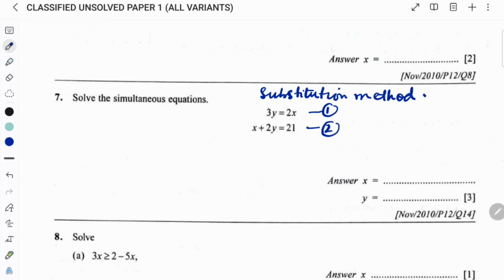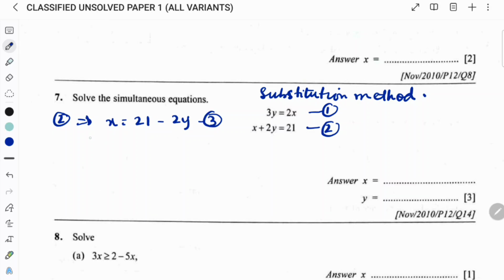So from the second equation, x = 21 minus 2y. That's the third equation, which we'll use later to find the value of x after obtaining the answer for y.